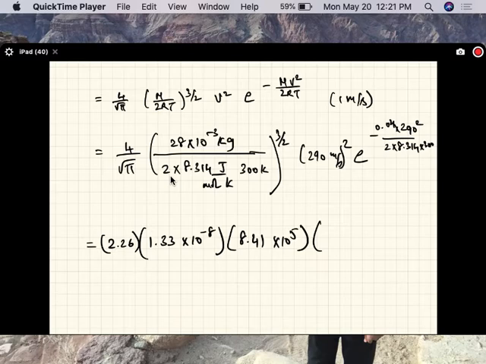Okay, so the exponential factor is 0.509. Those are the various factors. So let's calculate this. So that's 10 to the minus 3.